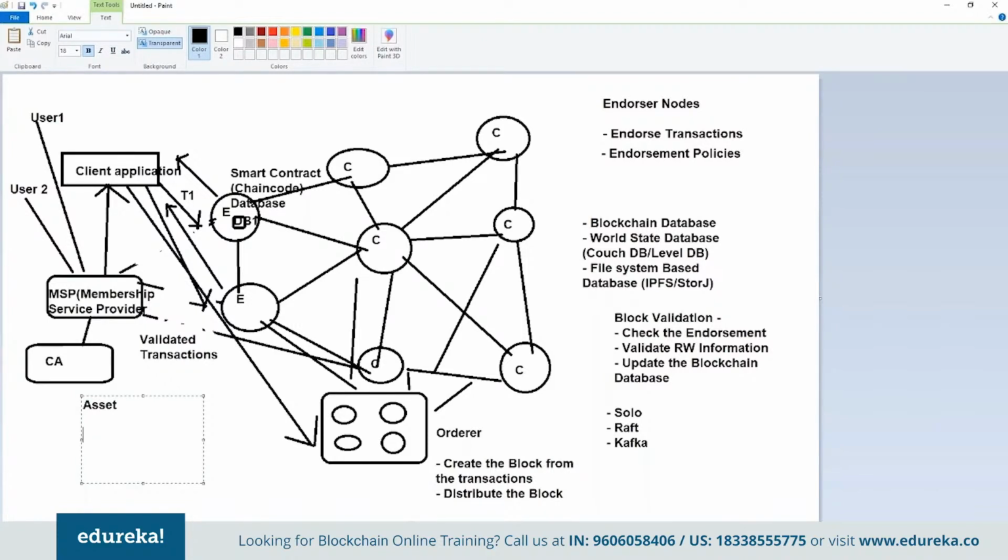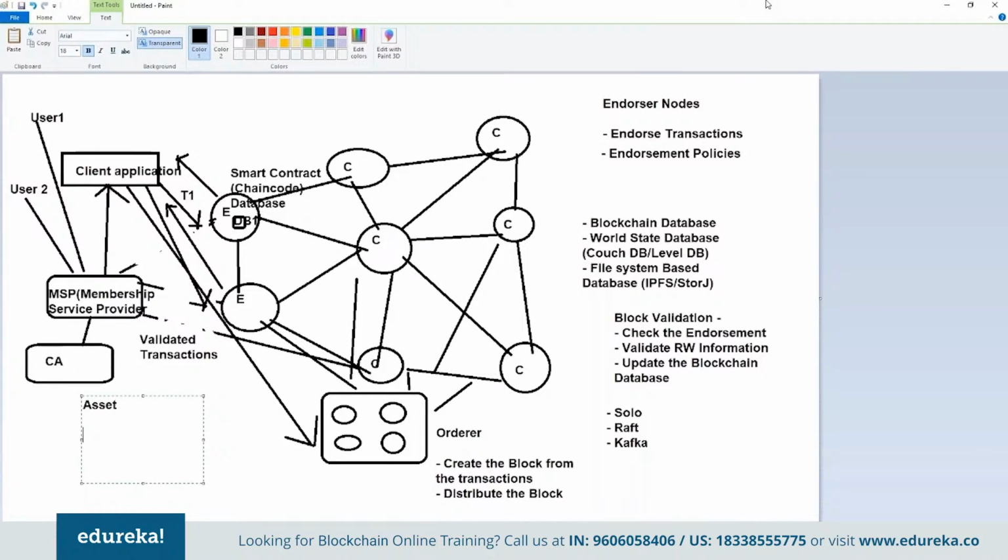So Hyperledger Fabric lets you define the asset. In Ethereum, you cannot define the asset. Everything is measured in terms of ether. So how many ethers you are transferring in the transaction is basically your asset. But in Hyperledger Fabric, you can define the asset in a structure: okay, this is my asset. My land record, which means my house number, my registry number, all those things can come as an asset.